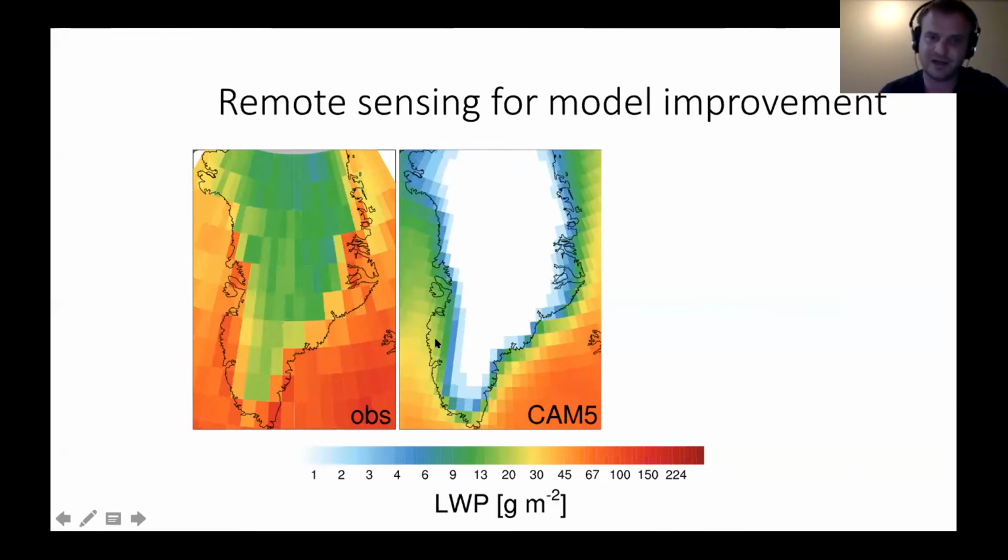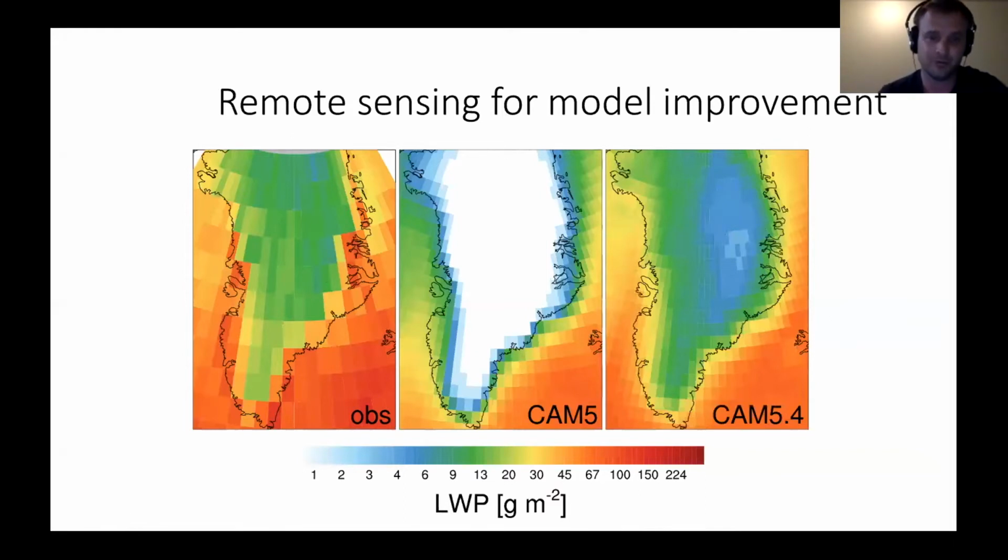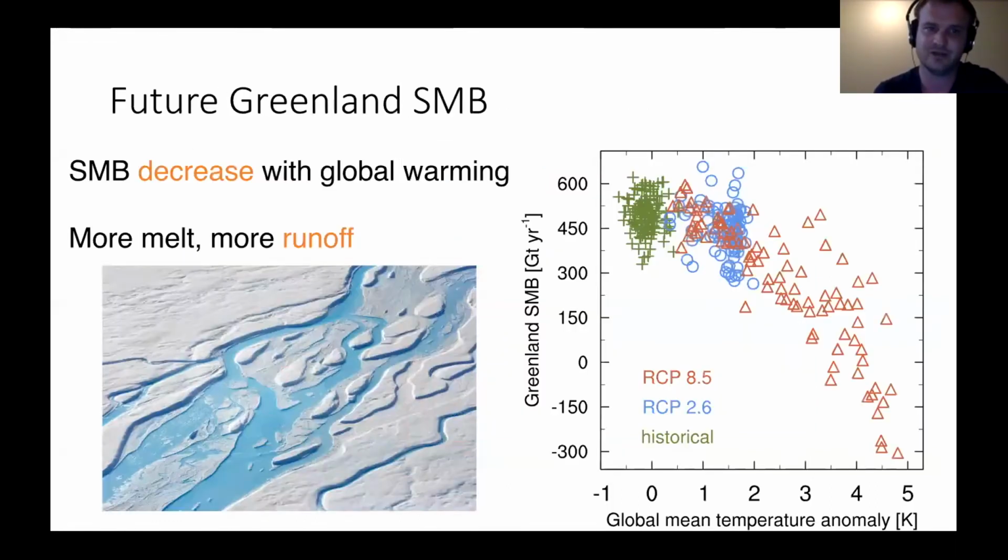And what is very clear is that there is basically zero liquid water path on most of the Greenland ice sheet in this atmospheric model, in contrast to the observations, which you have seen before. So we can use these observations to improve processes in the atmospheric model to allow for more liquid water in the clouds. And this is very important, as we have seen, for the representation of the surface energy balance.